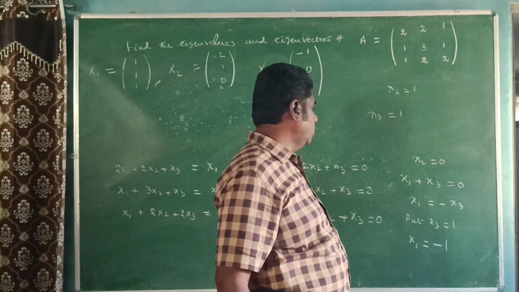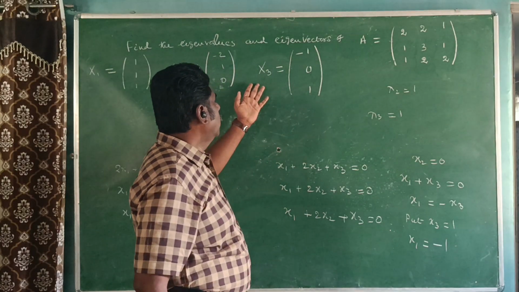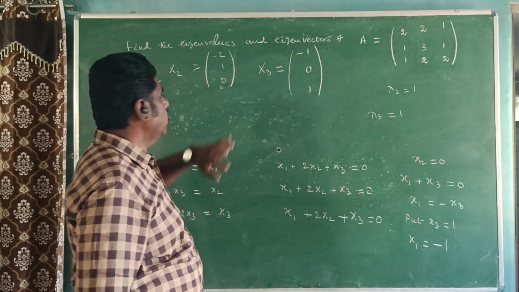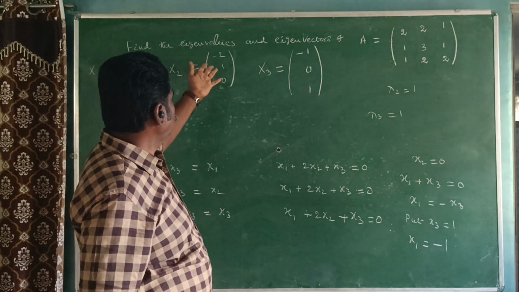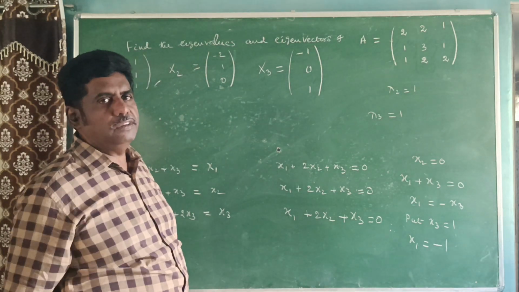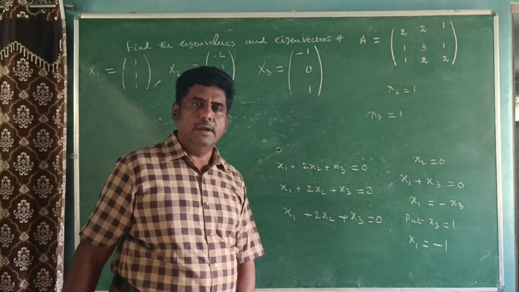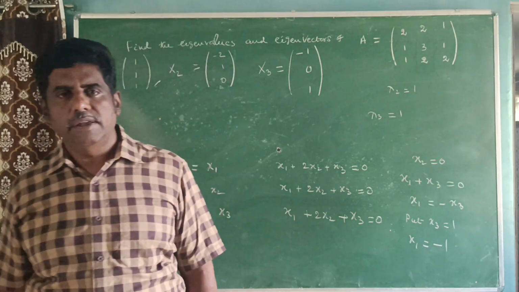If you assume x2 equal to 0, automatically x1 is equal to minus x3, then we can have another vector x3 which is different from x2. Or otherwise you may present x3 also minus 2, 1, 0. That is also correct.